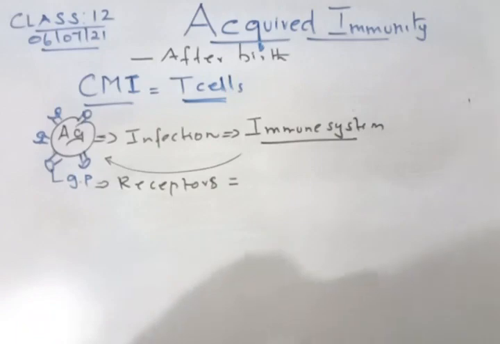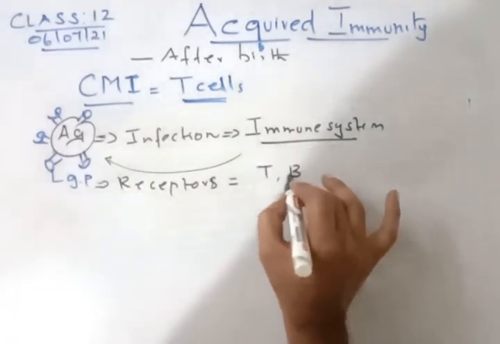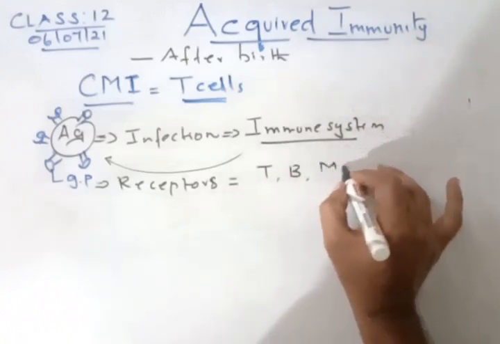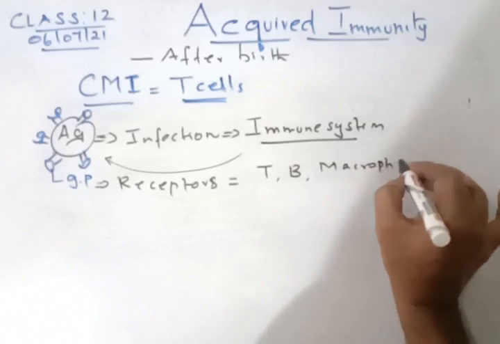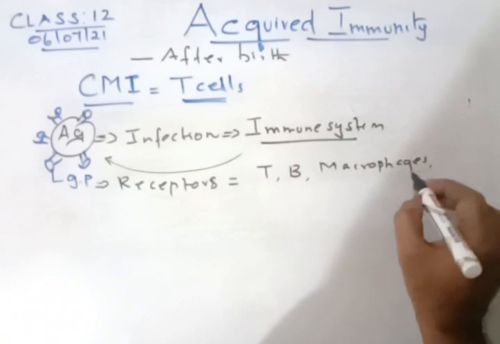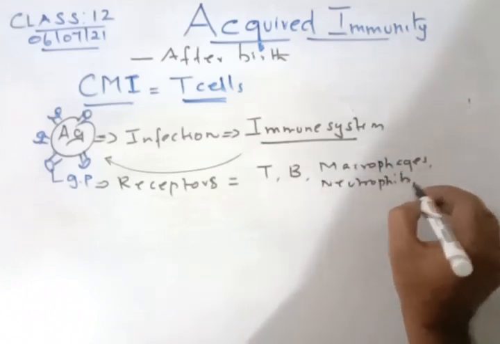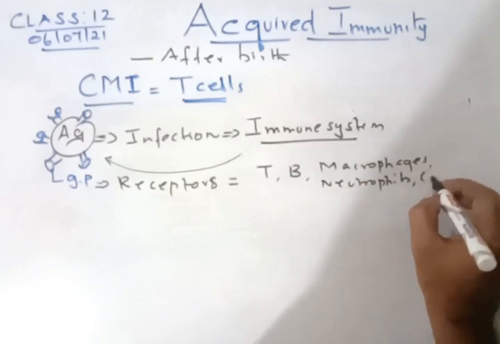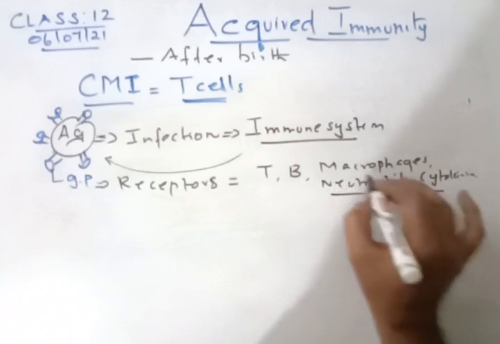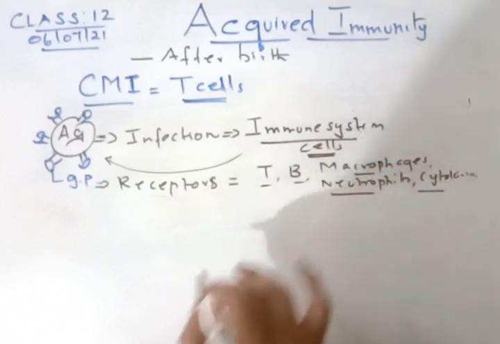Those cells we talked about: the T cells, then B cells, then macrophages, then dendritic cells and some neutrophils, then some cytokines. All these are the cells present inside the immune system.